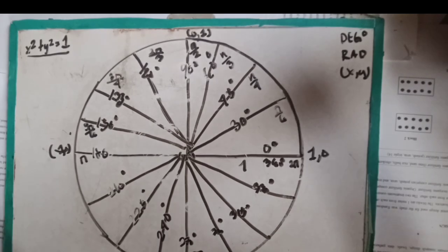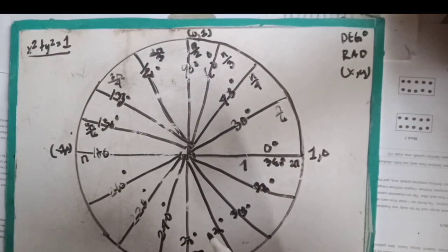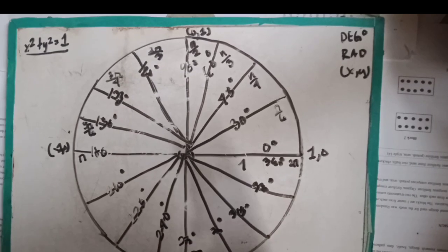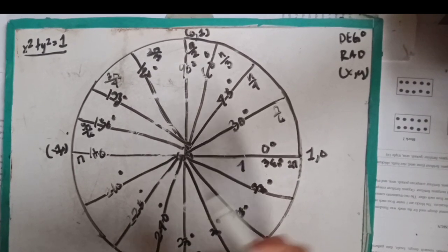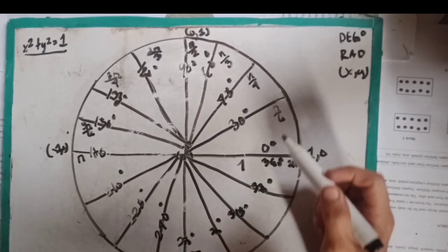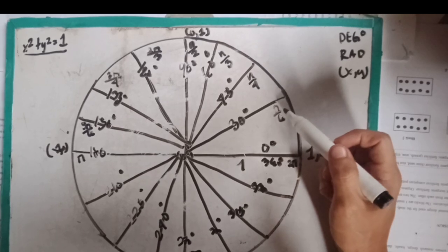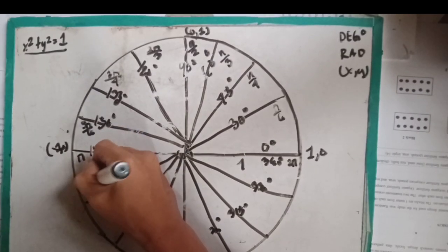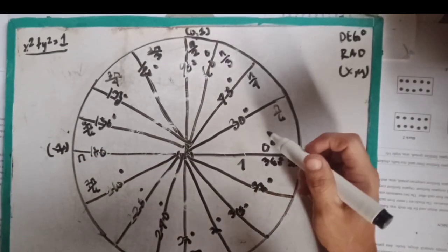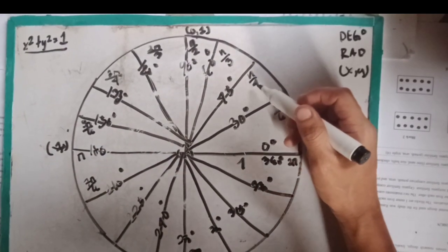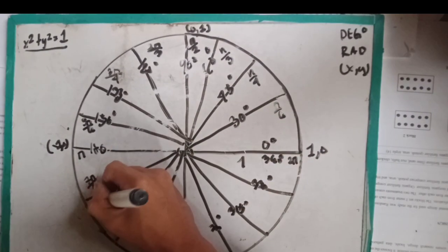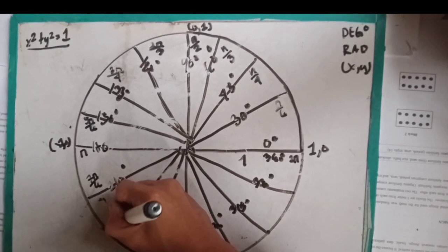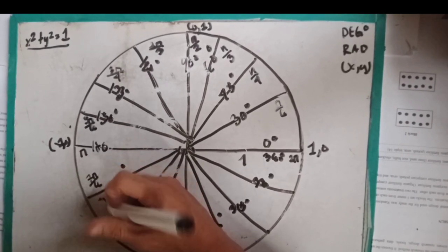So after having the values in quadrant 2, we can now move to quadrant 3. Same approach: pi plus the value right here is equal to 7 pi over 6. And next, pi plus the value over here is 5 pi over 4.